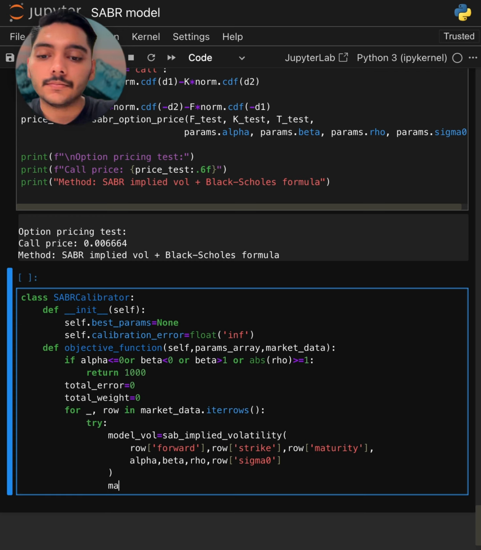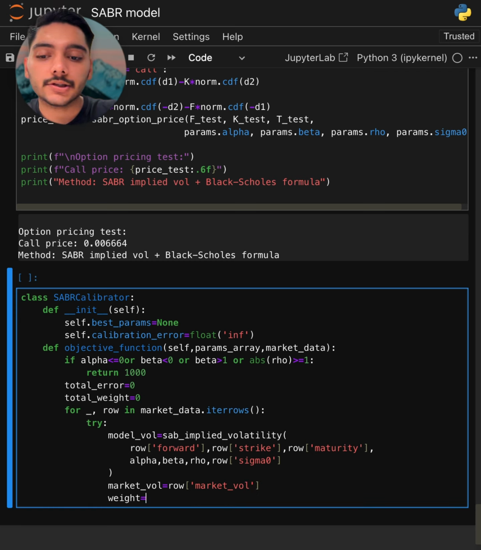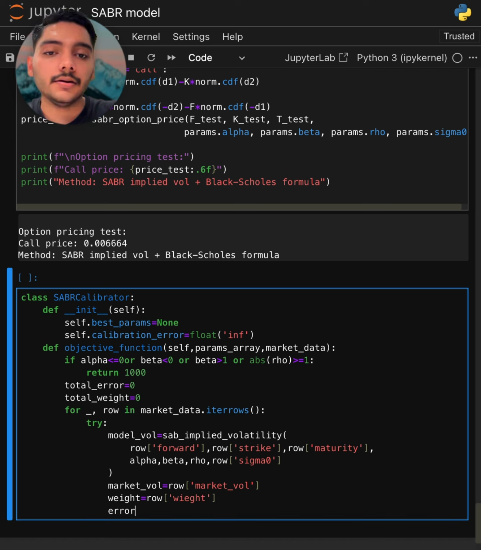Let's write now the market volatility is equal to row market volatility, the weight is equal to row weight, and the error is equal to model volatility minus the market volatility to power 2.